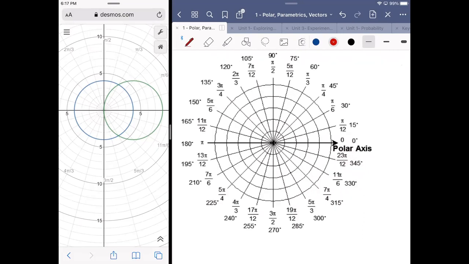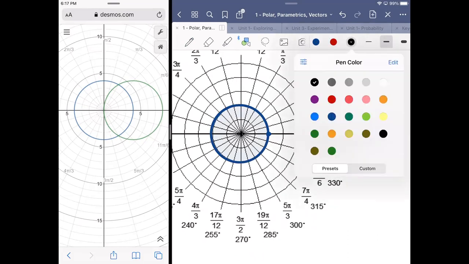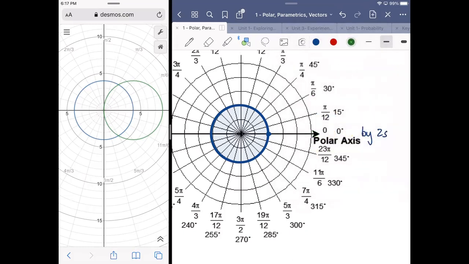In terms of the sketch, now I know what it looks like. I'm just going to go by twos. So instead of 4 rings out, I'm going to go 2 rings out and draw a circle. And then instead of going 8 out, I'm going to go 4 out from the pole.